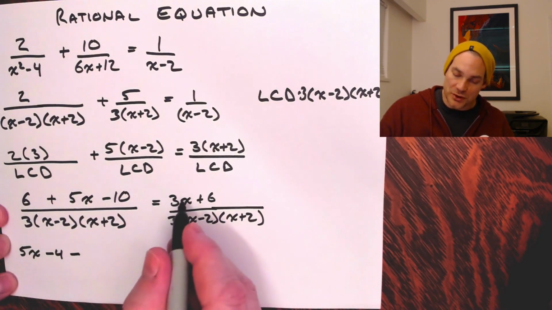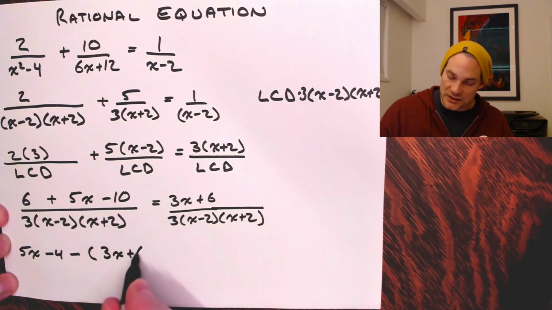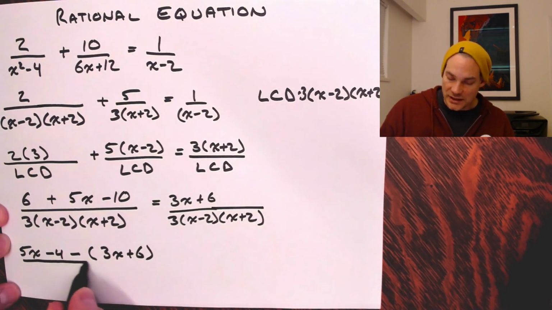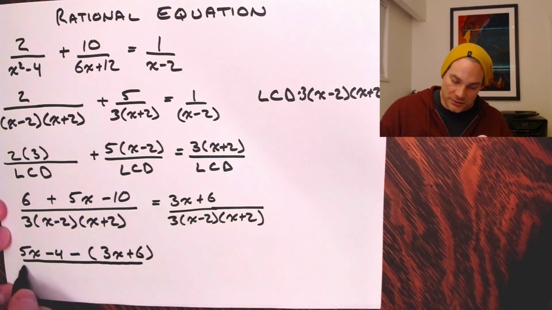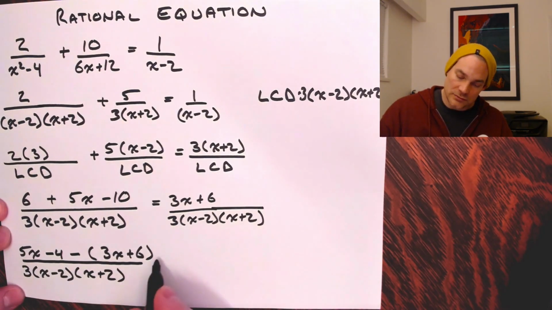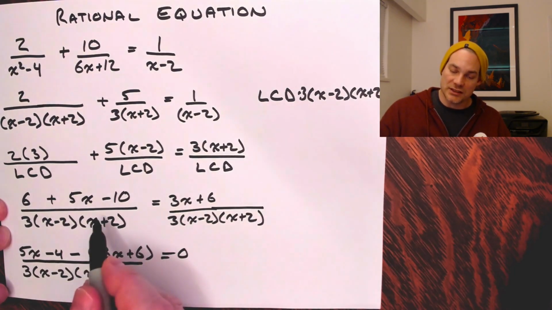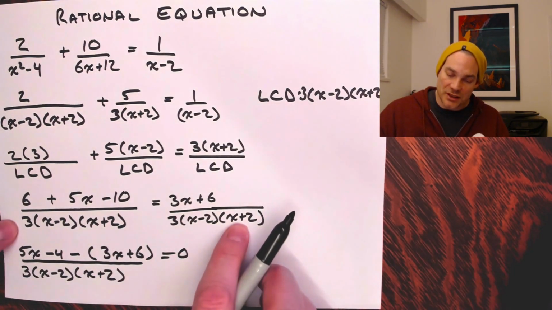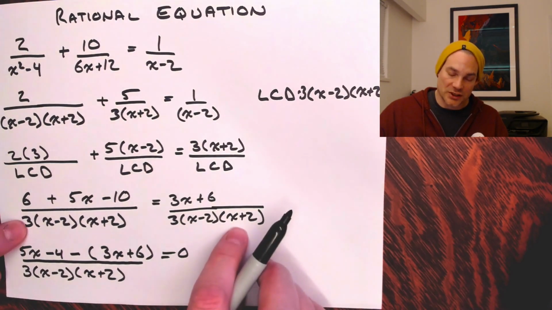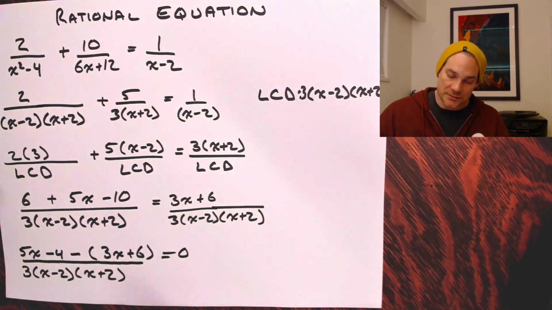And then I'm going to subtract 3x plus 6, and this is all over the LCD. And now it equals 0. I subtracted this term because they both have the same lowest common denominator. They are the same denominator, so I can just subtract the numerators.